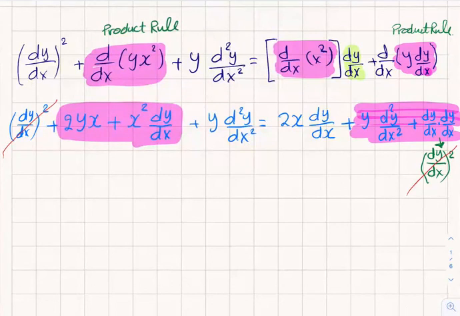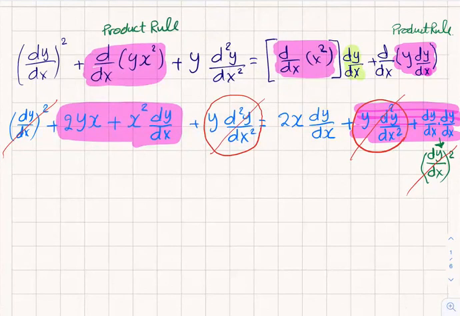And also we have y d squared y over dx squared, and y d squared y over dx squared. So we cancel these two as well, because if you move it to the other side, they will cancel each other, plus minus.